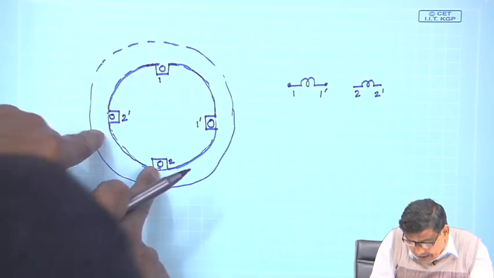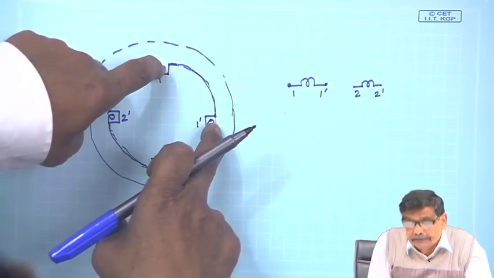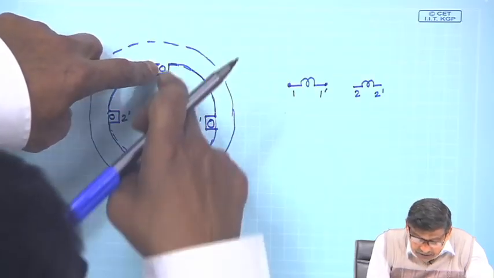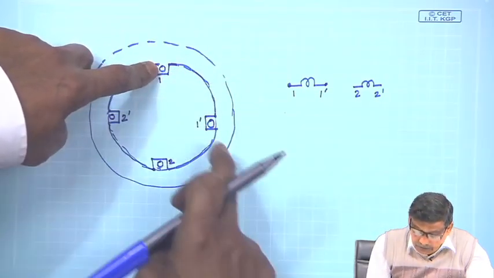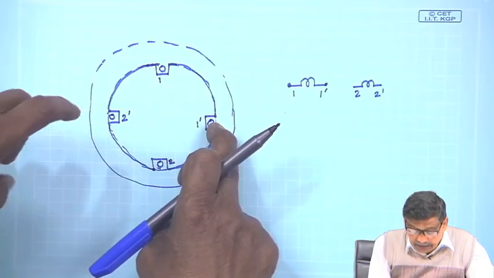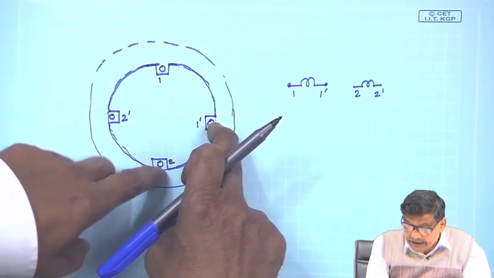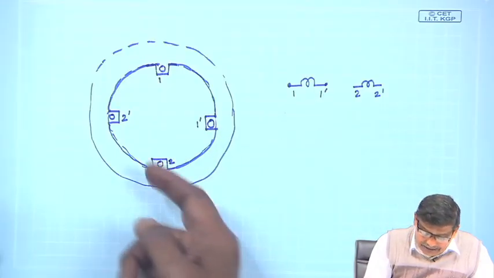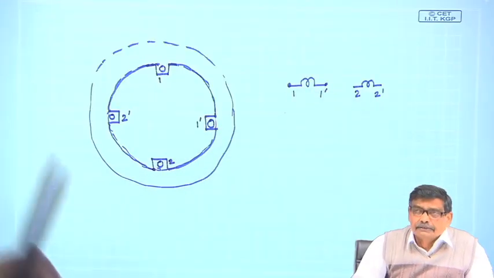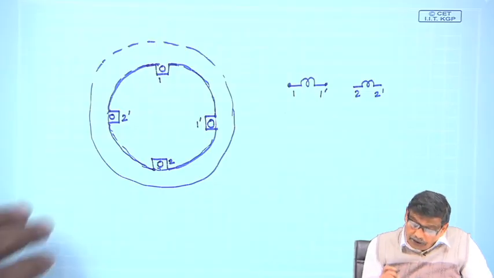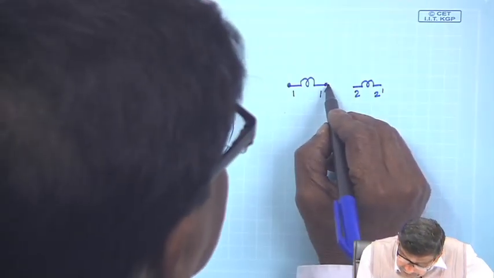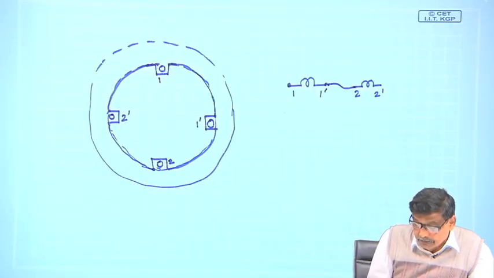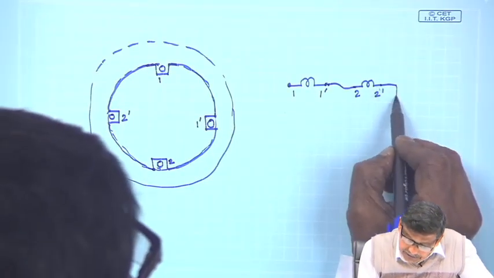A physical coil here, a physical coil there. But for a change, 2 is not the return conductor of 1; 1 dashed is the return conductor. Similarly, 2 dashed is the return conductor of 2, and in a simple way these two coils I can draw like this. Okay. Now, I will connect these two coils in series, which I can do because those terminals are available externally to me.